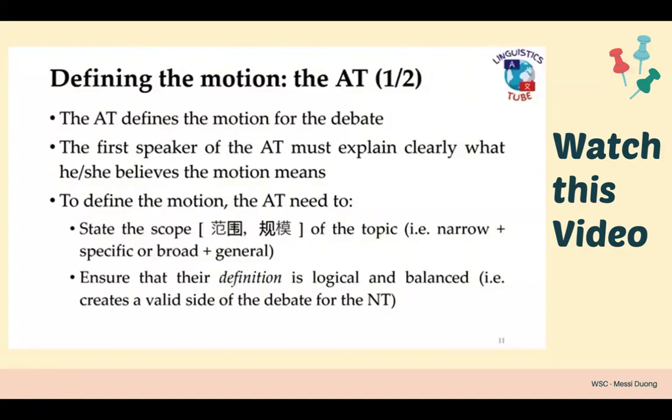Secondly, the first speaker of the affirmative team must ensure that his or her team's definition is logical and balanced. This means that the definition must create an equal opportunity for the negative team to create valid arguments, and therefore the same opportunity as the affirmative team to win the debate.